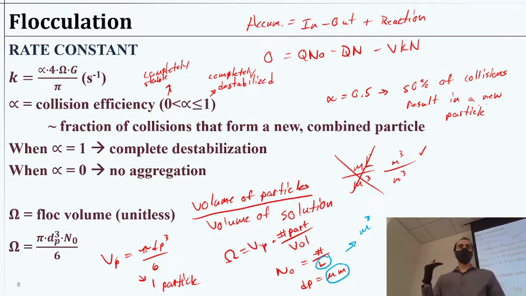Okay, so then coming back to our rate constant, the rate constant is equal to the collision efficiency times 4 times the volume of the liquid that's occupied by particles. That's our flock volume. So in my 300 milliliters here, maybe 1 milliliter of that is particles. That would be a lot. That's 1 over 300 as the flock volume. So this flock volume, omega, you're going to see it often as a very small number, a very small fraction.